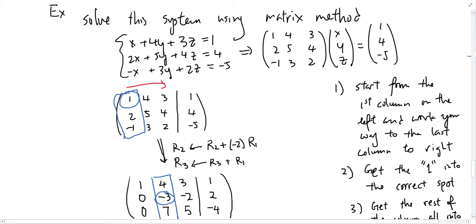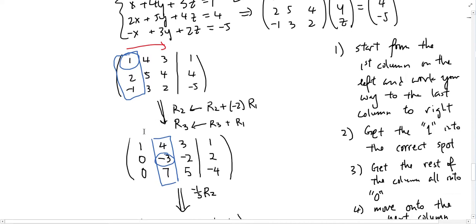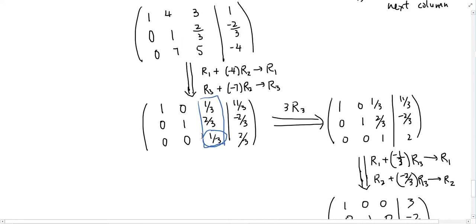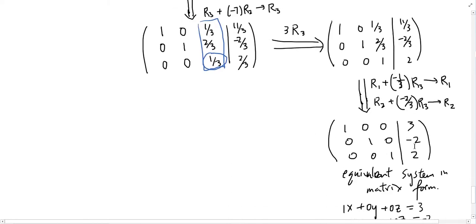Since each column requires you to first get the 1, then get the rest of them to be 0, you only have to do 2 steps per column. If you do it correctly, by the time you go through all of that, you should be able to complete your matrix into this form. Okay, so keep that in mind.